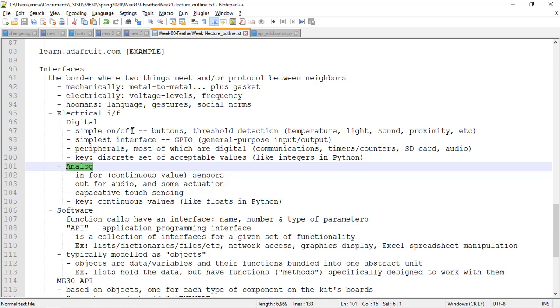And these simple interfaces are done through these GPIO, general purpose input output, micro machines or nano machines that are inside the microcontroller. So to talk a little bit more about these little nano machines: we think of a microcontroller itself as being a processor.